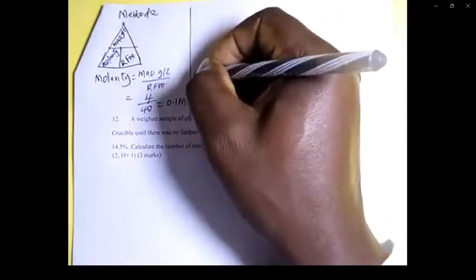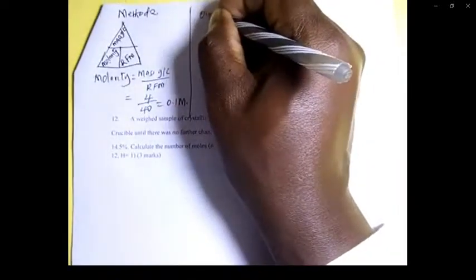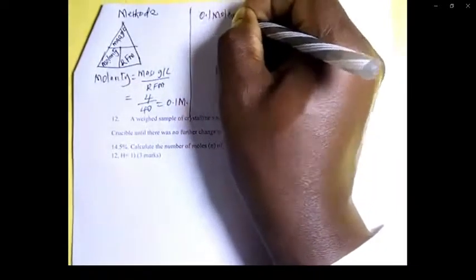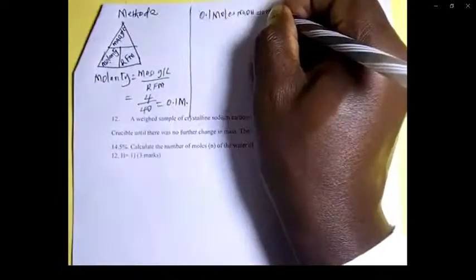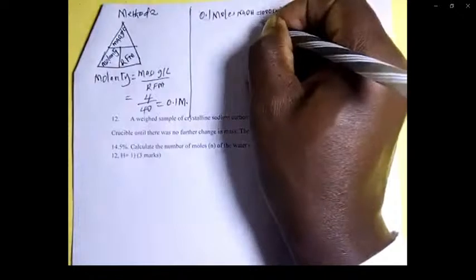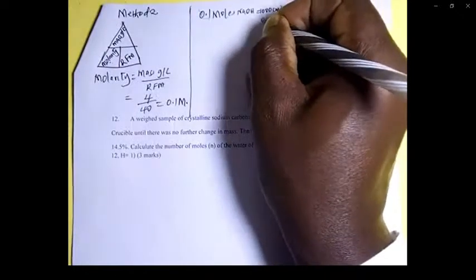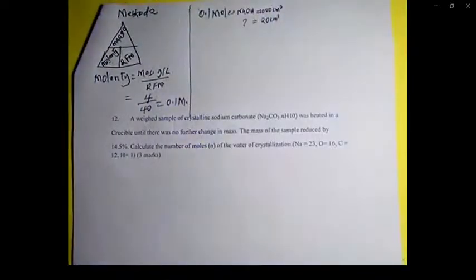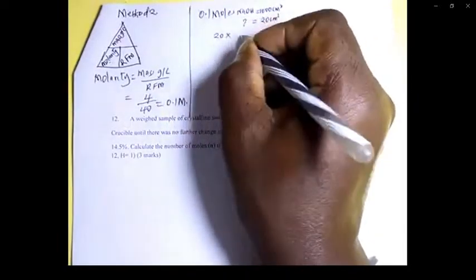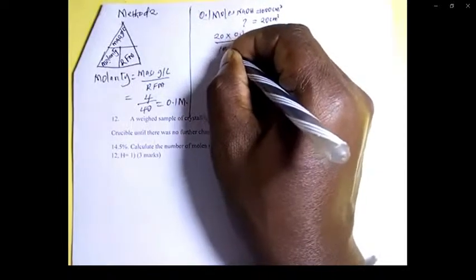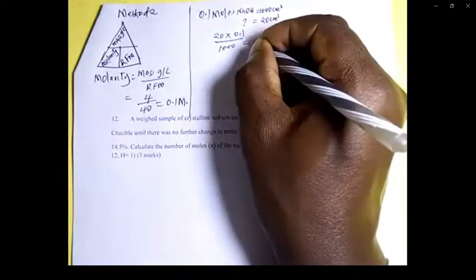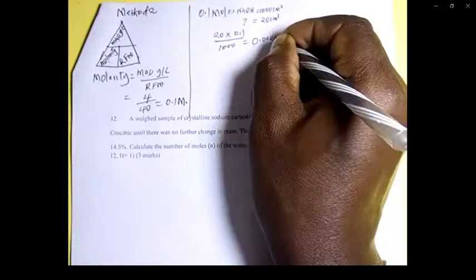So we know the molarity of sodium hydroxide. So we will say 0.1 is the number of moles of sodium hydroxide that are there in a liter, 1,000 centimeters cube. We will ask, 20 centimeters cube will contain how many moles? So that is 20 times 0.1 divided by 1,000, and that gives 0.002 moles.